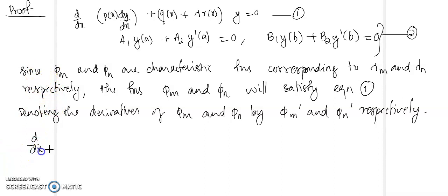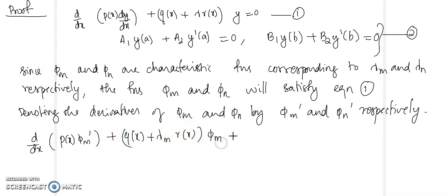Therefore d by dx of p of x, where y is replaced by phi m, phi m dash, plus q of x plus lambda m, corresponding to phi m, r of x into phi m of x will be equal to 0. Let us call it equation 3.